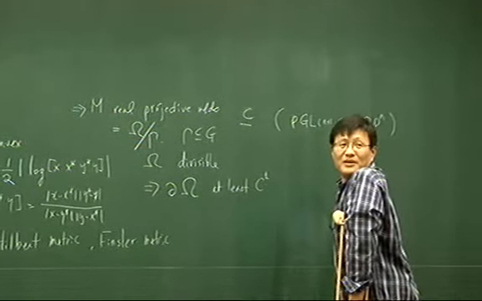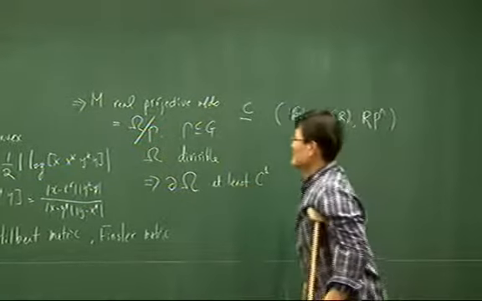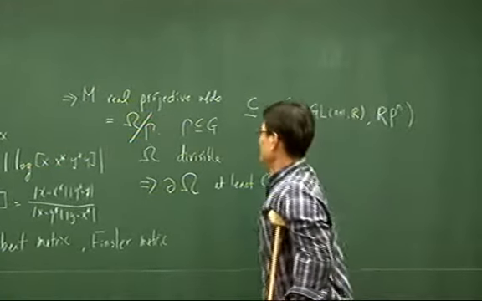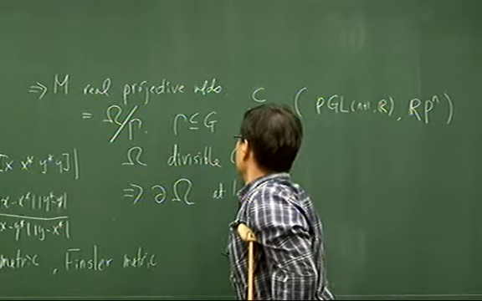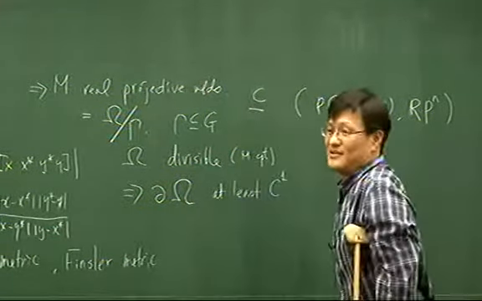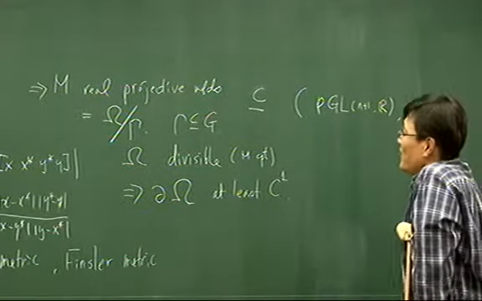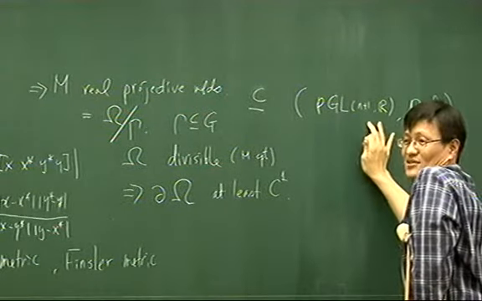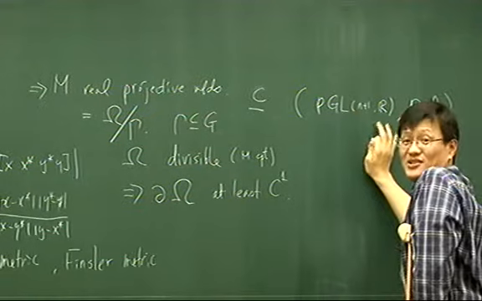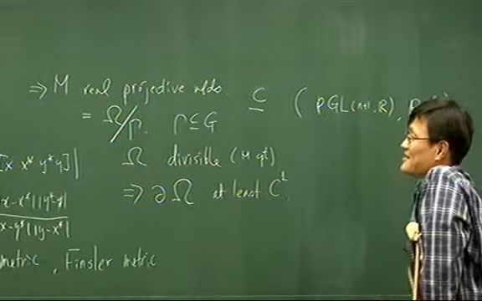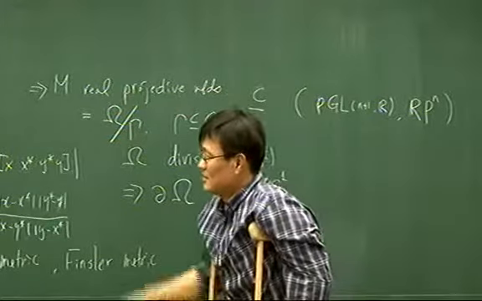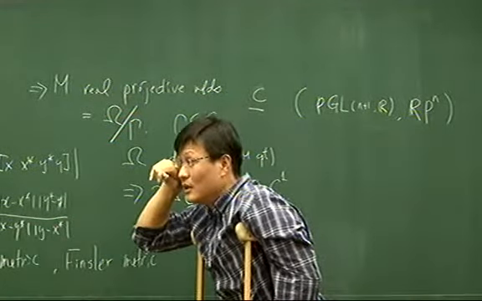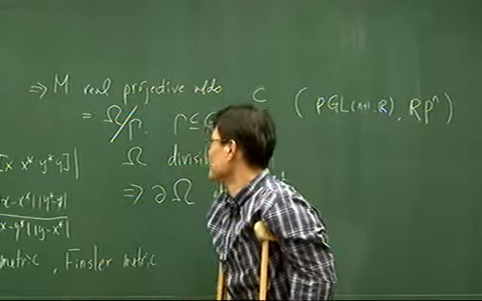Yeah, it's a compact manifold. If it is compact, divisible, so M is compact. There are projective structures which are not convex also. Okay, so this is a special case because this is pretty much similar to the hyperbolic geometry.